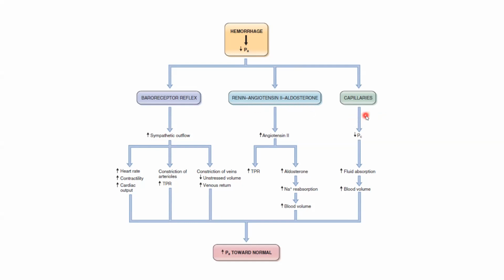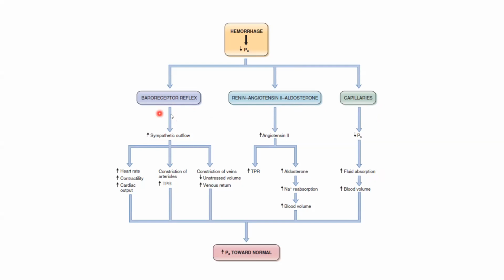And in between, you'll have all sorts of fluid absorption at the capillary level going on in the intermediate timeline zone. So this is where you have acute, this is intermediate, and this is intermediate and long term, depending on which part of the renin-angiotensin system you're talking about.